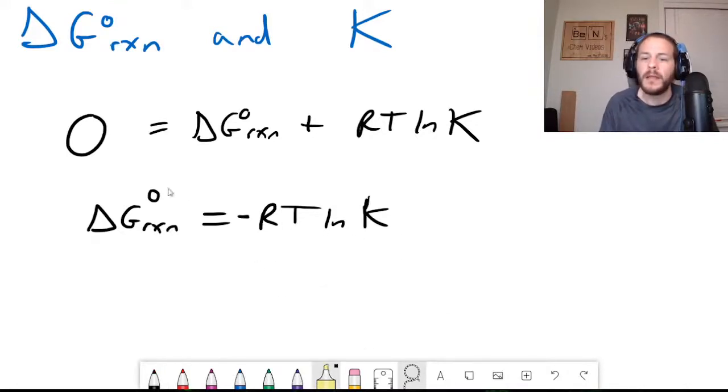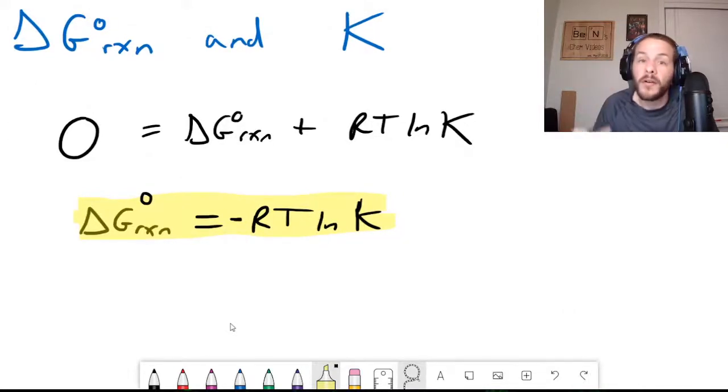So this is an important equation. This is how we relate the equilibrium constant of a reaction to the standard change in Gibbs free energy for a reaction.